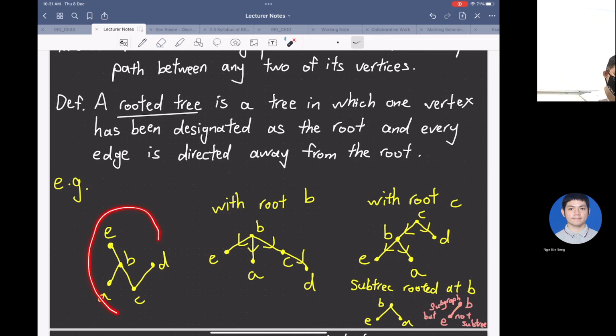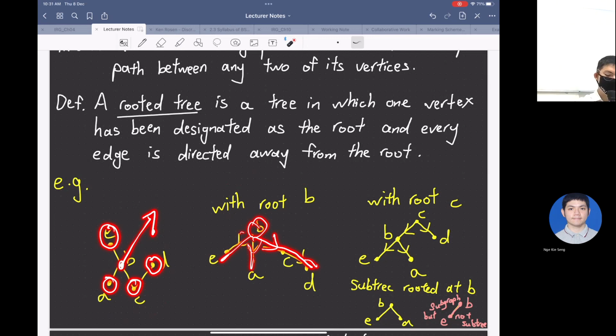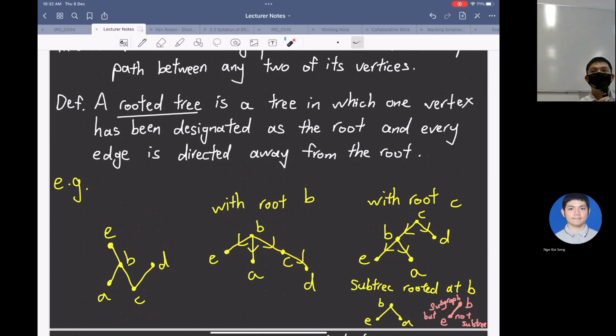For example, take this graph here. This is a tree because it's connected, simple, and has no simple circuit. Let's say I pick my root as B. You can take this B out and lift it, and think of the weight on these vertices falling down, directed away from B. A vertex is furthest away from B if the length of the path is larger.